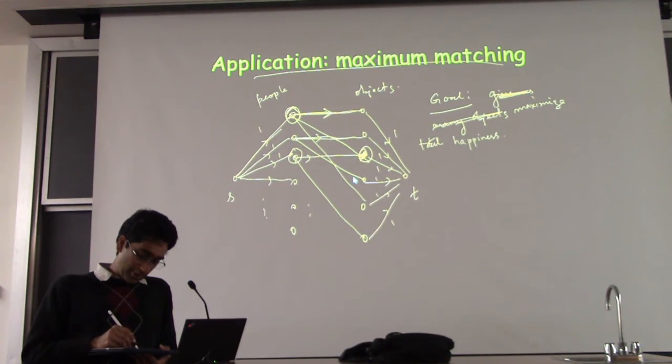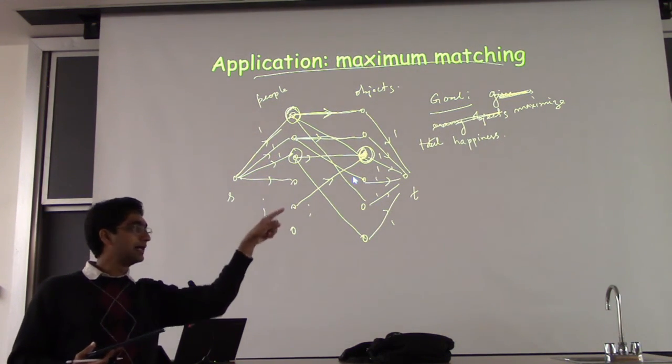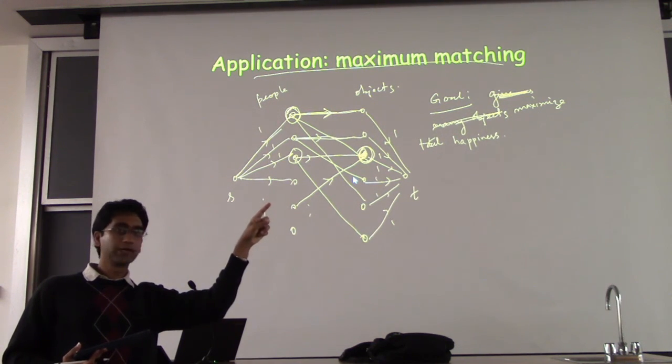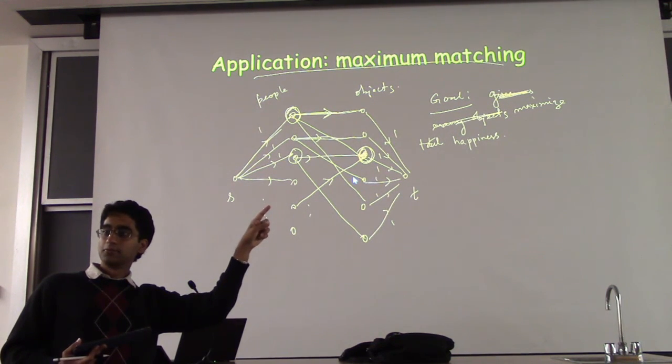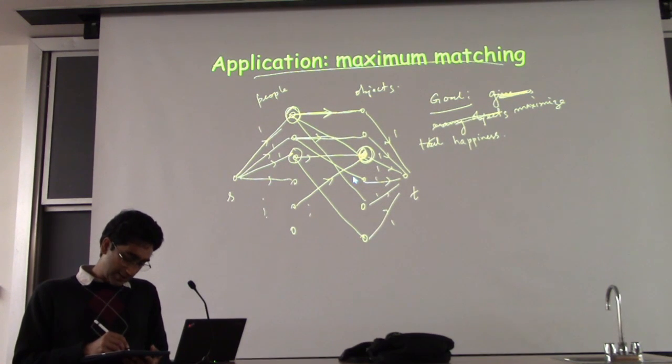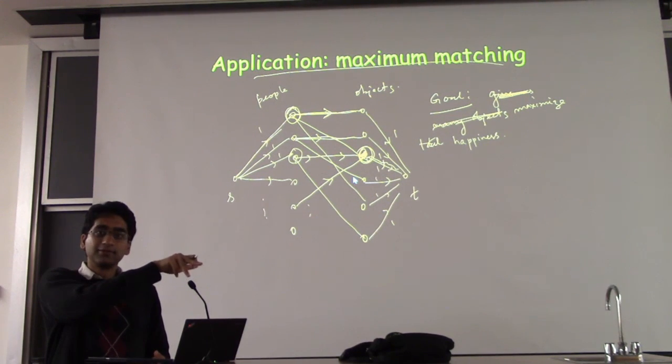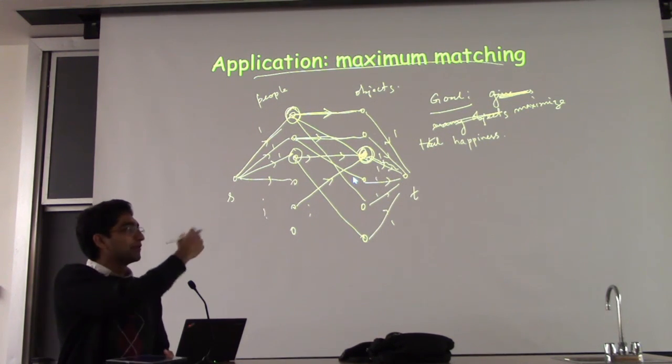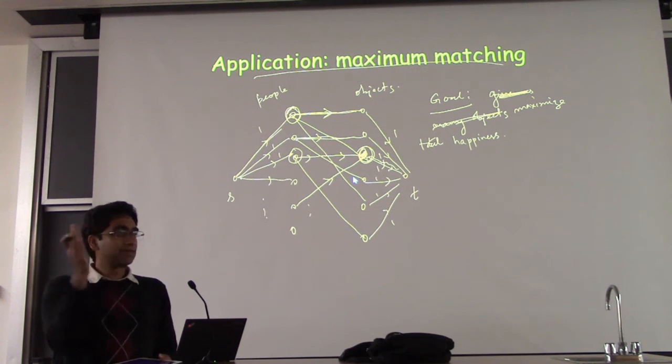One object could have received multiple incoming things. But that's not valid, because if you wanted flow conservation, you would have had to send 2 units of flow along this. There was no way you could send flows back, right? All edges were directed forward to back.